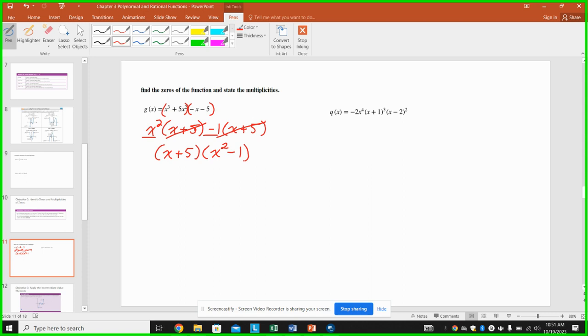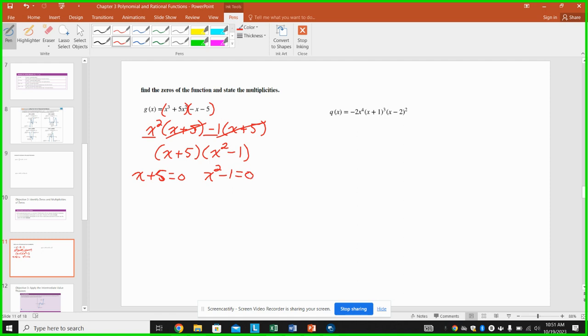All right. From that point, you can start solving them because once it's factored, you want to set those factors equal to 0. So I then get x plus 5 equals 0 and x squared minus 1 equals 0.